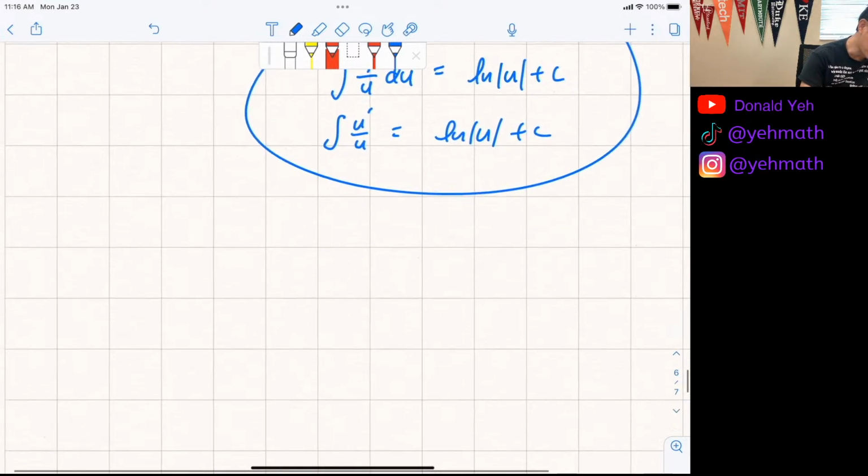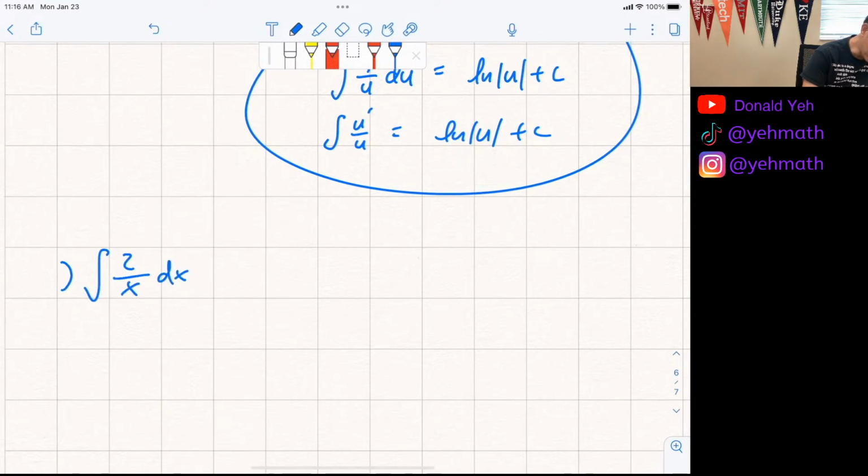We're going to say, okay, let's take an integration of a couple things. Let's say 2 over x. So the first problem, and the second problem is going to be integration of 1 over 4x minus 1 dx.